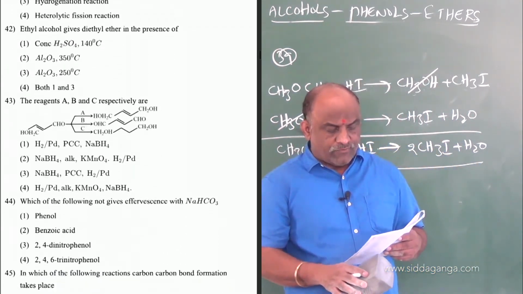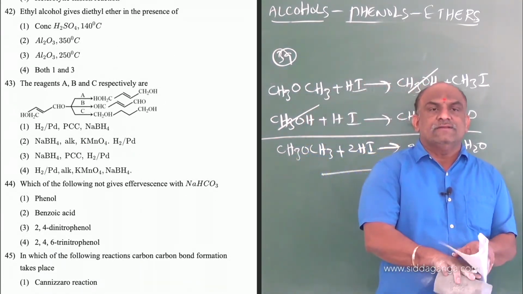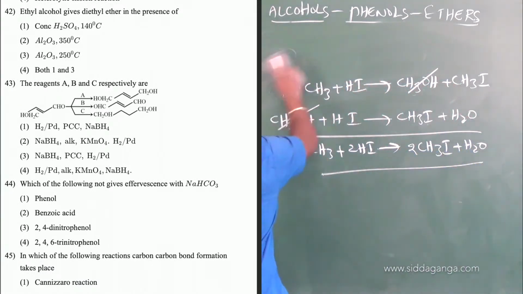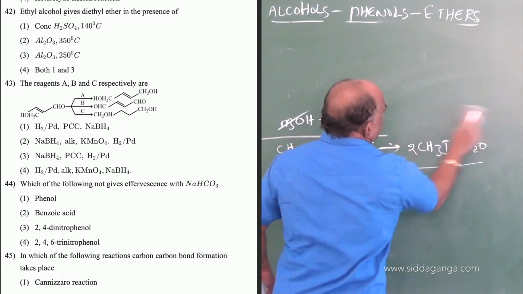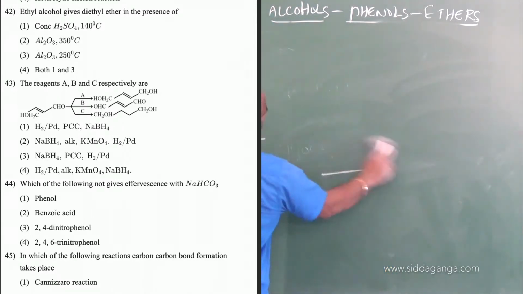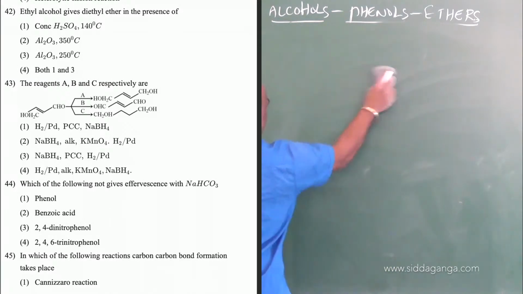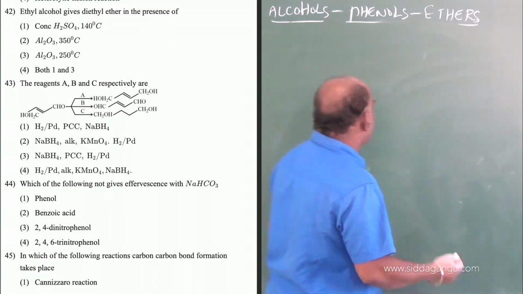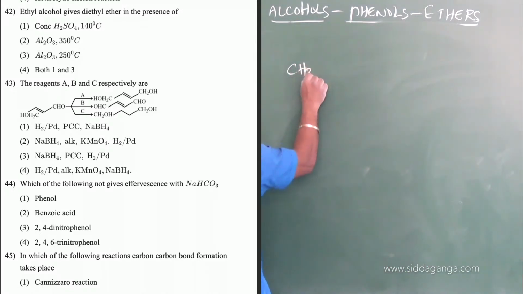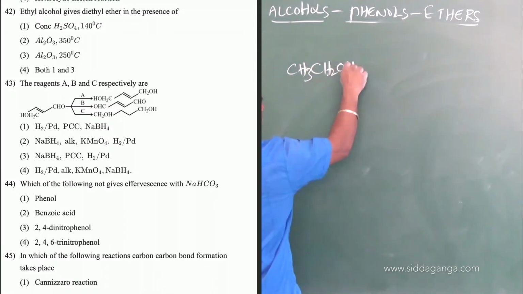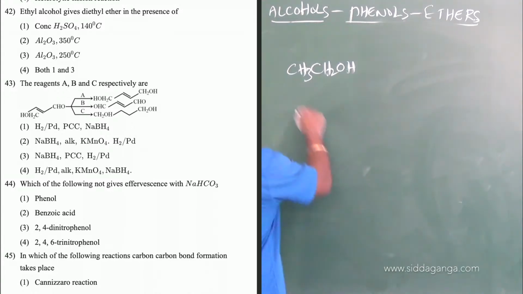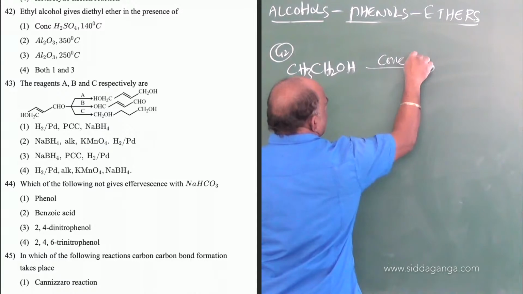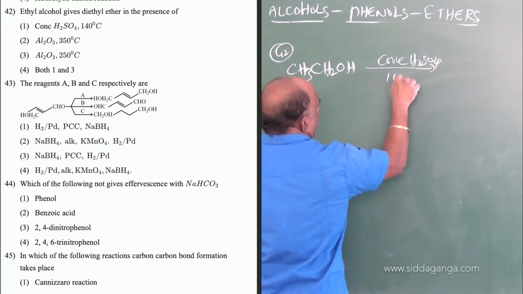Going to question number 42: ethyl alcohol gives diethyl ether in the presence of. This question we already discussed in the synopsis class. Ethyl alcohol, molecular formula CH3CH2OH, with concentrated sulfuric acid at 140 degrees centigrade.